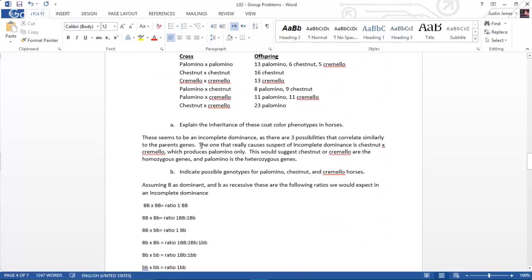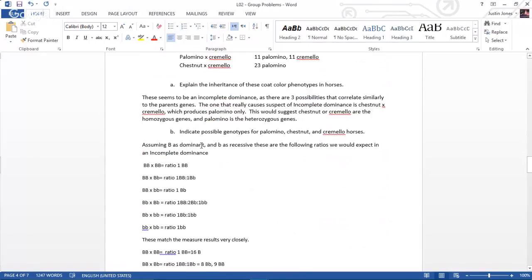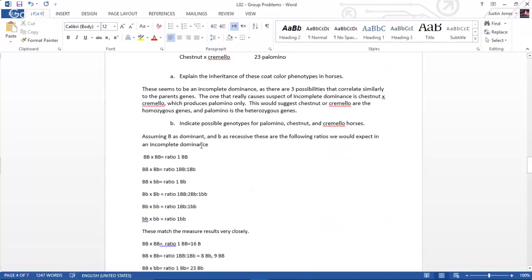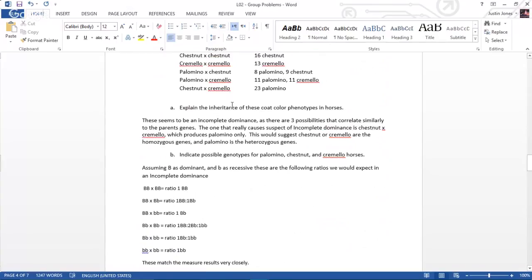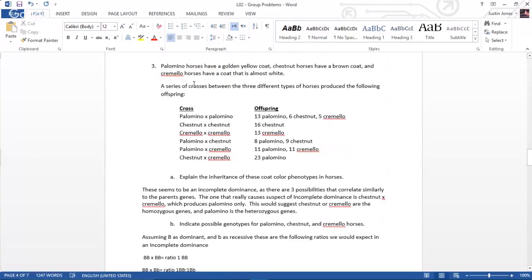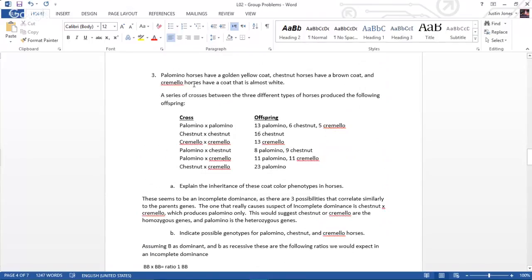Because that's 1-to-1. Chestnut cremello. Oh, it's right here. The chestnut cremello. Or sorry, no, not that one. Okay, which one's white? Cremello and chestnut. Or no, that one's not the right one. Cremello, cremello, chestnut, chestnut.